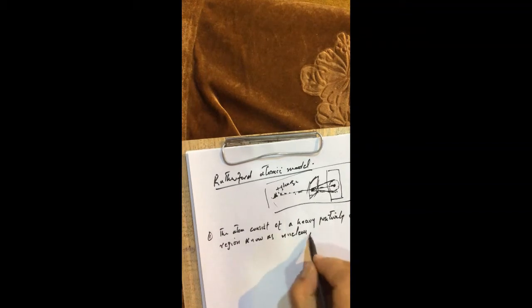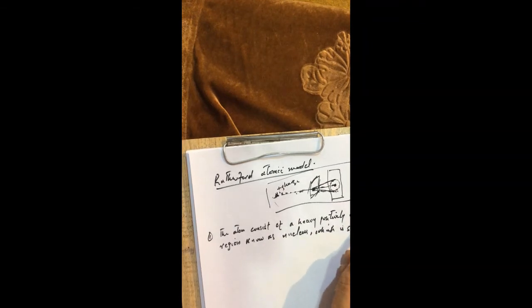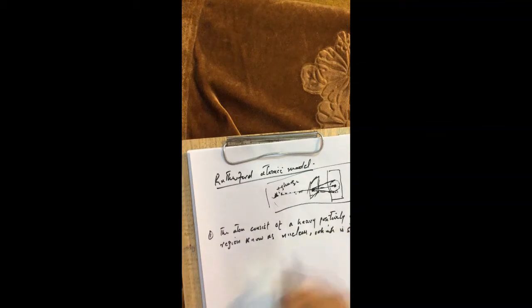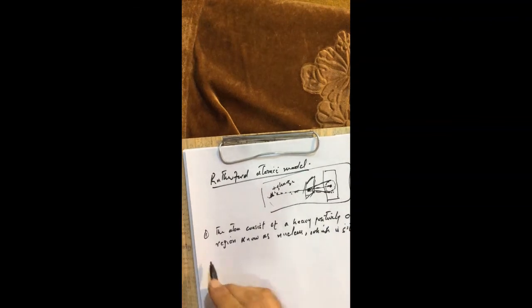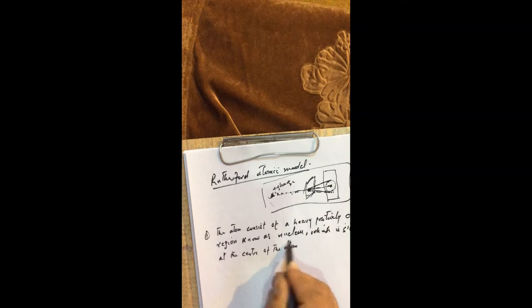And this nucleus is situated at the center of the atom. This was the first observation of this Rutherford atomic model.